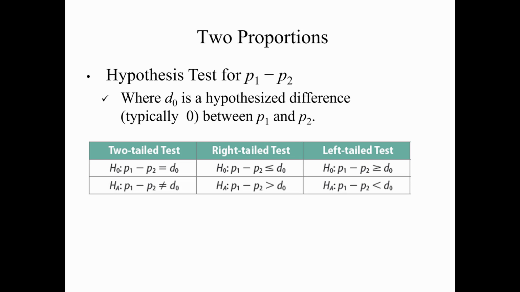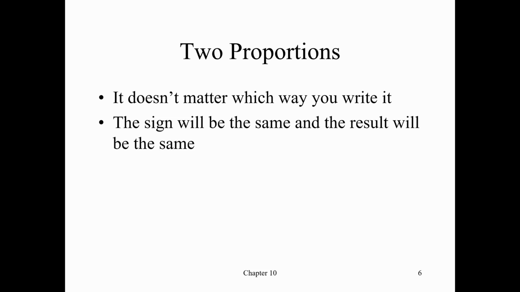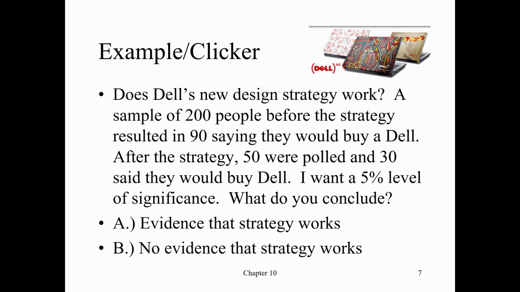Okay, so either way you do it, you're going to come up with the same answer and the same sign, either not equal to, less than, or greater than. And a little detail on that is in the notes pages, but you don't need to know that for the quiz. Okay, so again, it doesn't matter which way you write it, the sign will be the same and the result will be the same. Okay, so let's look at a problem.